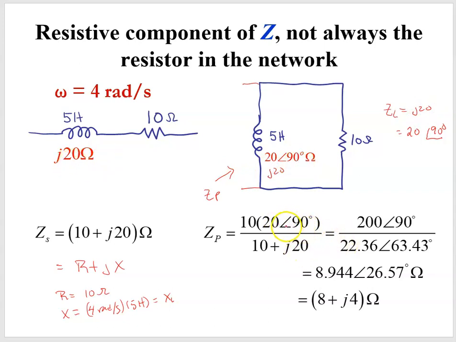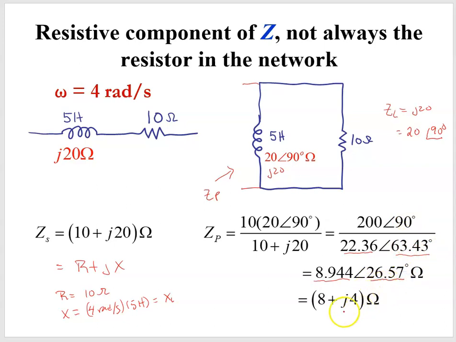So we'll do the product in the numerator in polar form, so we get 200 angle 90 degrees. Since we have to add in the denominator, we'll convert it to polar form. So our 10 plus j20 is equal to 22.36 angle 63.43 degrees. Then 200 divided by 22.36 gives us 8.944, and 90 minus 63.43 gives us this positive angle.